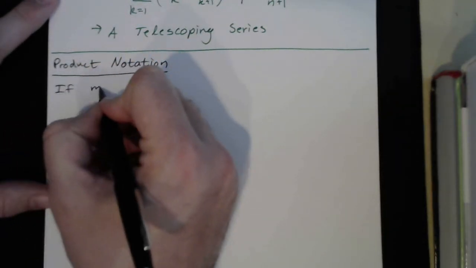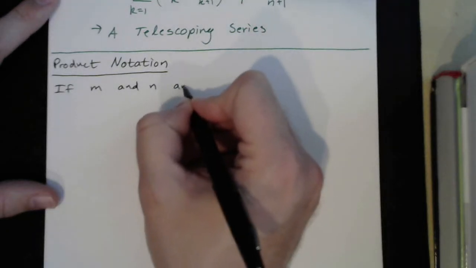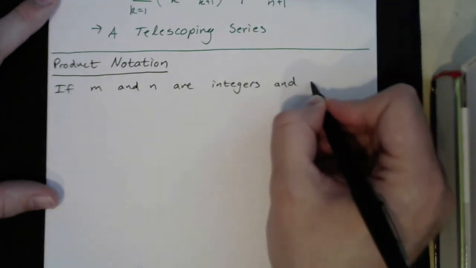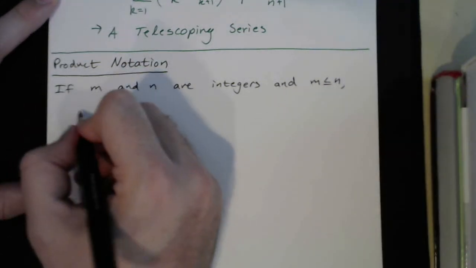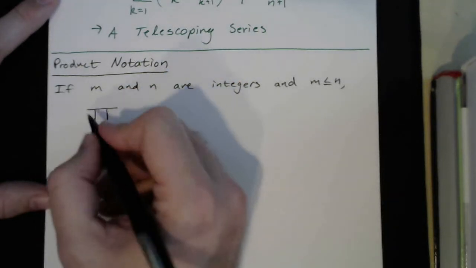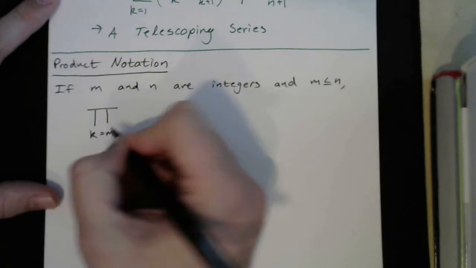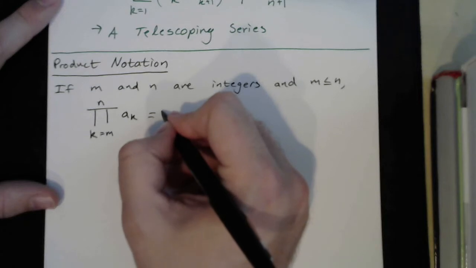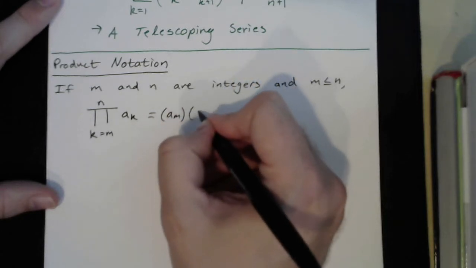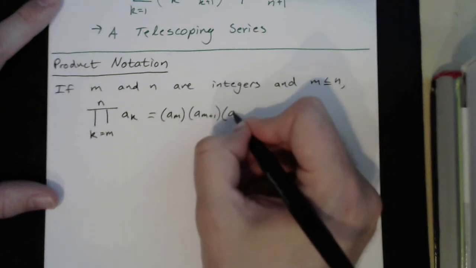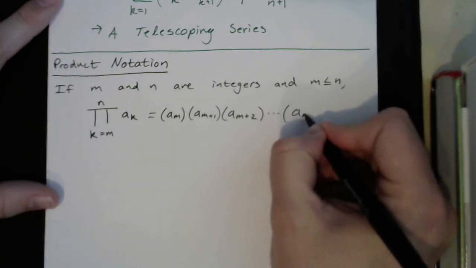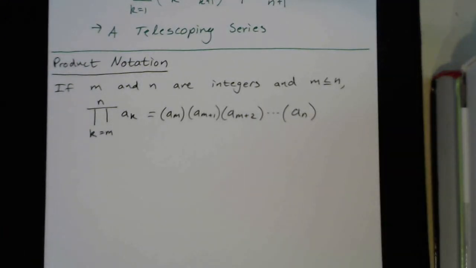So if m and n are integers, and m is less than or equal to n, this big old giant looking pi, k equals m to n of a sub k, equals the product a sub m times a sub m plus 1 times a sub m plus 2 times dot dot dot all the way to a sub n. Just like summation notation with the capital sigma, the big pi symbol means multiply everything.